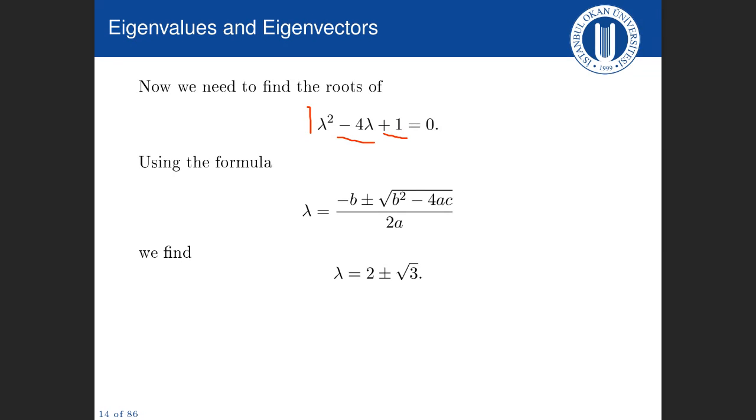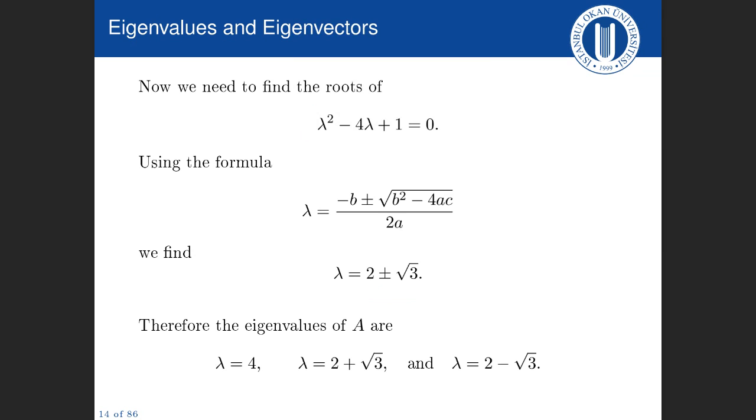Put these numbers in. You can check that the formula gives us 2 plus or minus the square root of 3. So then we're finished. The eigenvalues of our matrix A are lambda equal to 4, lambda equal to 2 plus root 3, and lambda equal to 2 minus root 3.